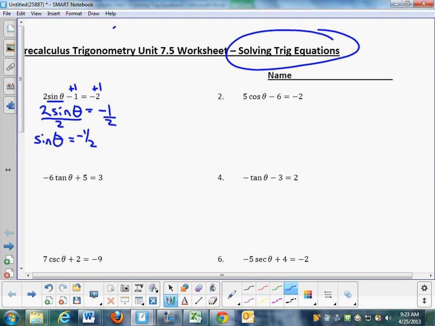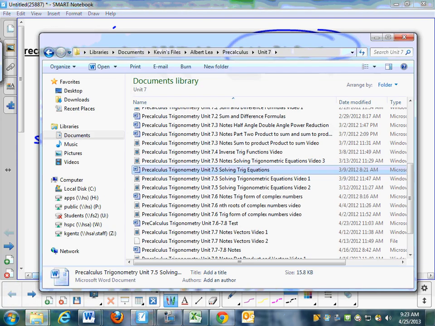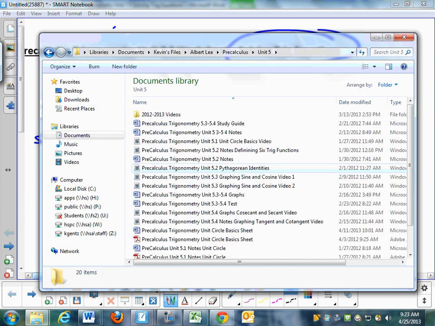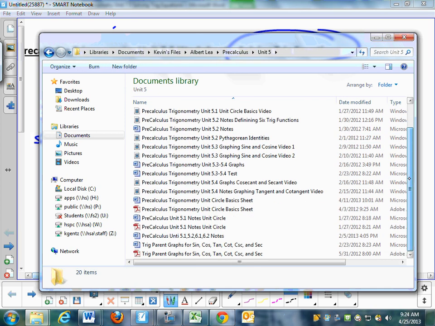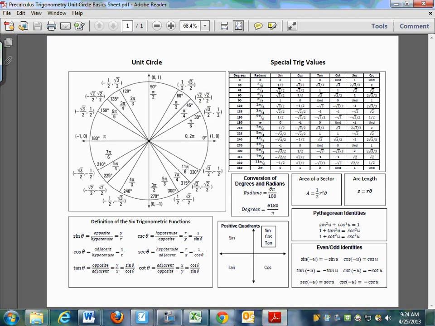Pause. If you look at your unit circle sheet, which I will bring up so that we can tie all this together. Okay.